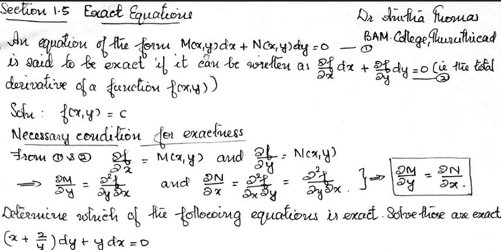The answer is the integral of df(x,y), that means the integral of the total differential of a function f(x,y) equal to c. The solution is f(x,y) = c, and f(x,y) = c represents a potential function.